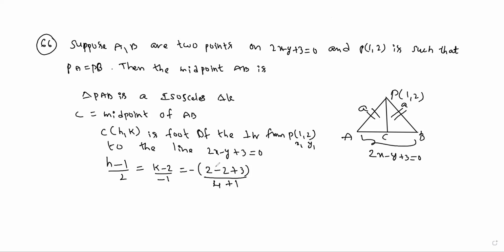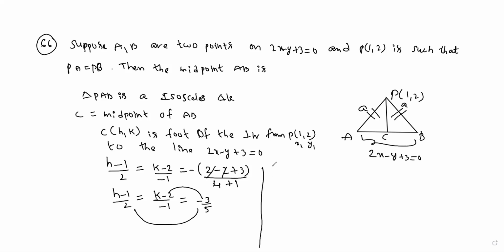Here now we have 2 gets cancelled. h minus 1 by 2 equal to k minus 2 by minus 1 is equal to minus 3 by 5. I'll compare first and last to find the h value and k value.